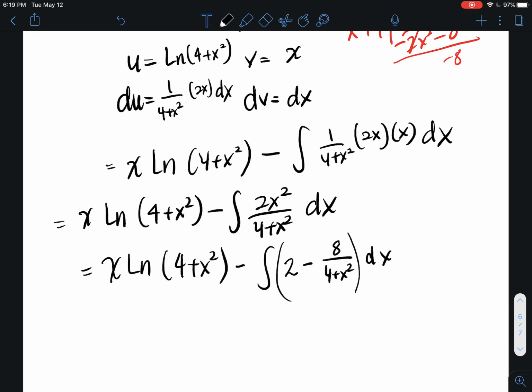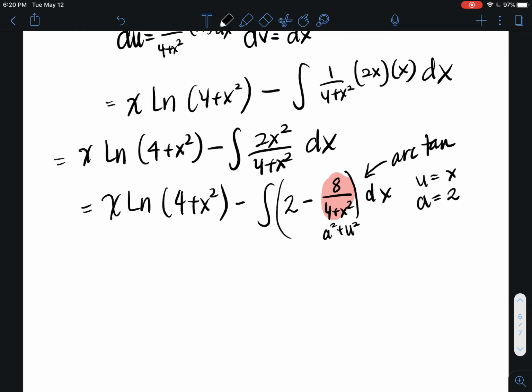Now for this part of it, if you remember, this is going to be arctangent, where u is equal to x and a is equal to 2, because this is a squared plus u squared, sorry.